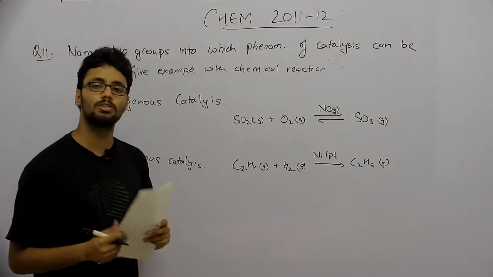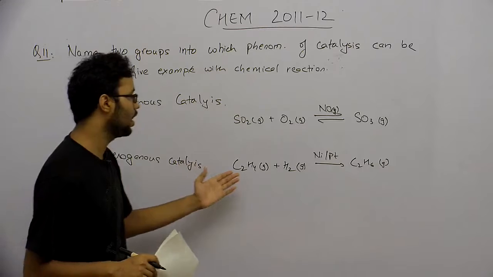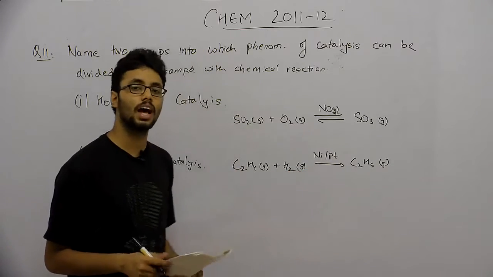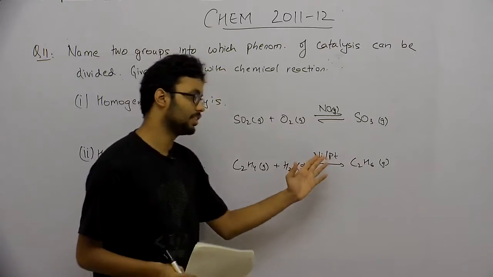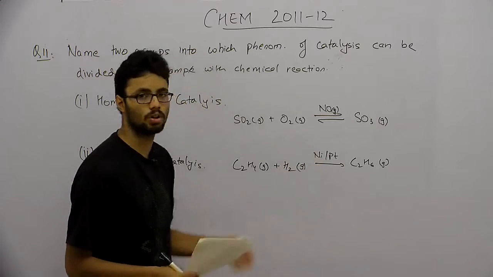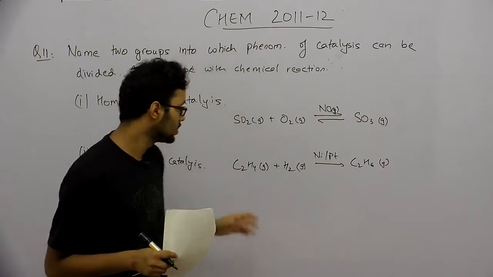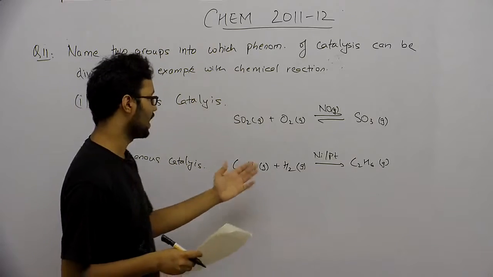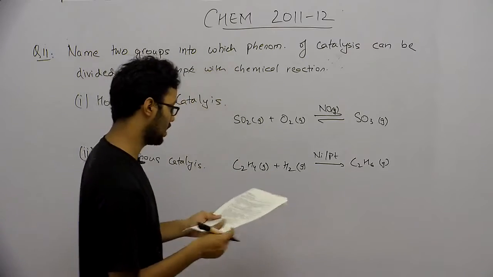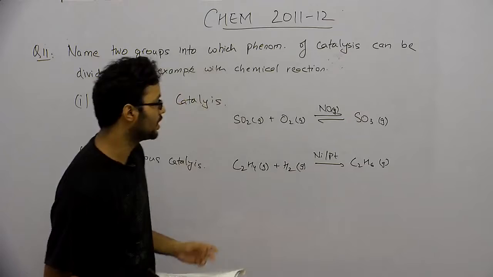Here all the reactants and products are in gaseous state, but the catalyst is in the solid state, which is nickel and platinum. So here ethene is reacting with hydrogen to form ethane, and the catalysts are nickel and platinum in solid state.